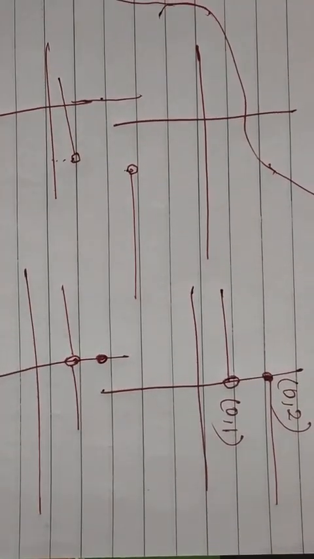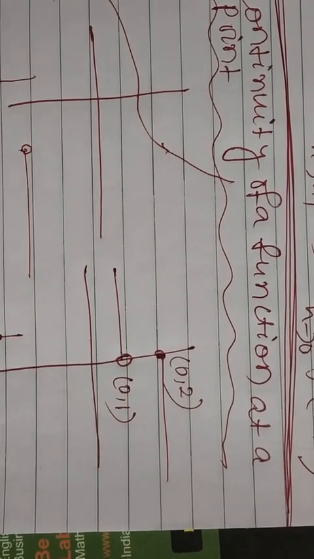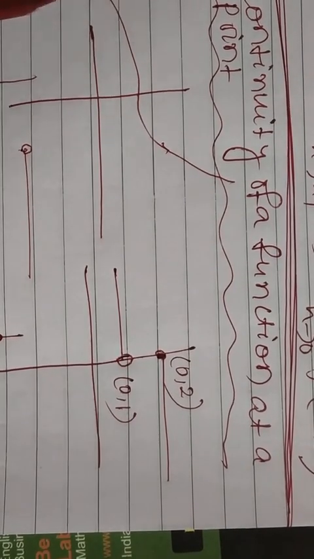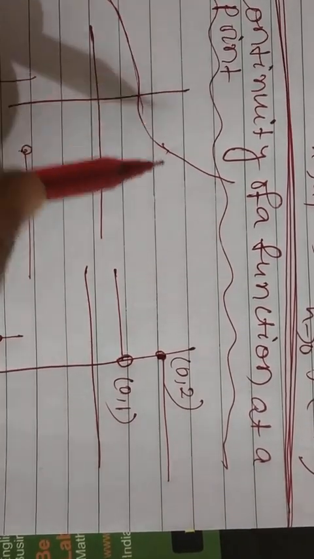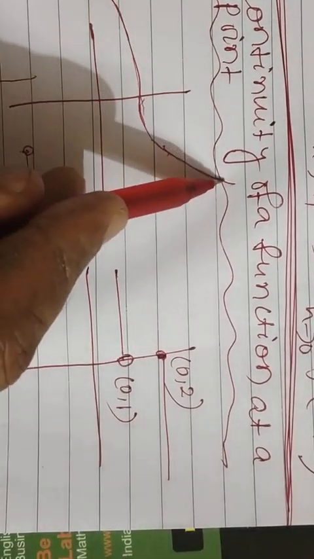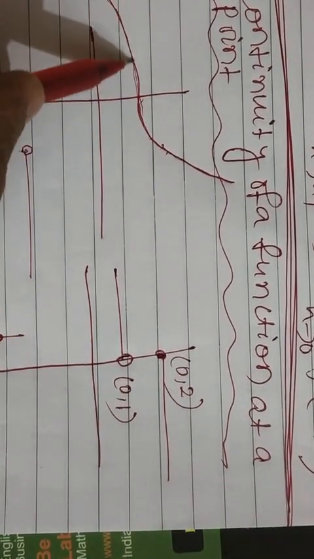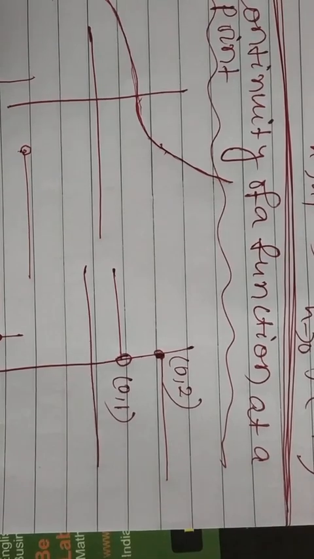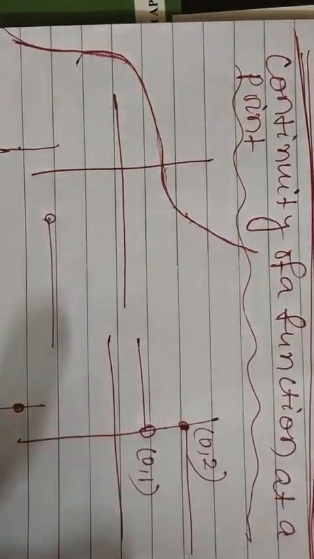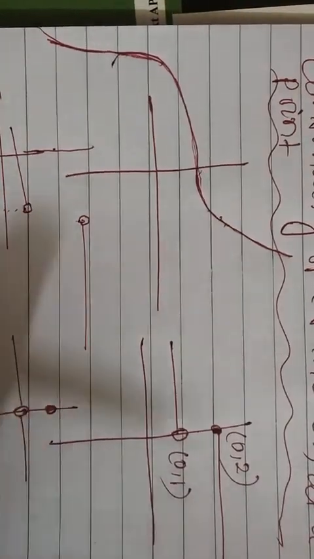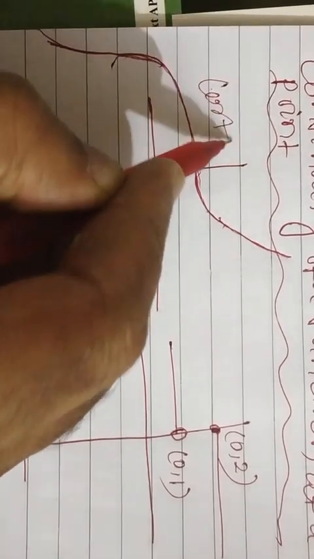You see the differences. Here, for every value of x, I get a y, and there is no break in the graph of the function. So what is the dictionary meaning of continuity? There is no gap. This is continuous.